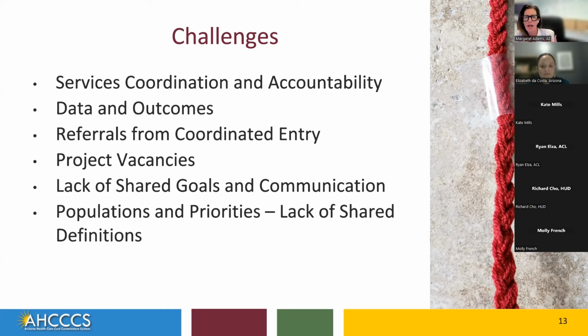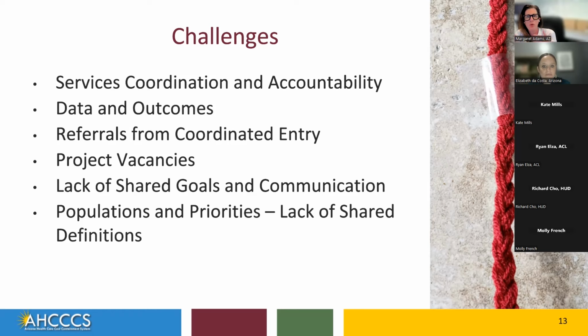So our Public Housing Authority wasn't getting data or performance reporting from the service providers, and there was just a real mismatch on our ability to evaluate how these projects were performing. We also had some challenges just getting referrals from our coordinated entry system.